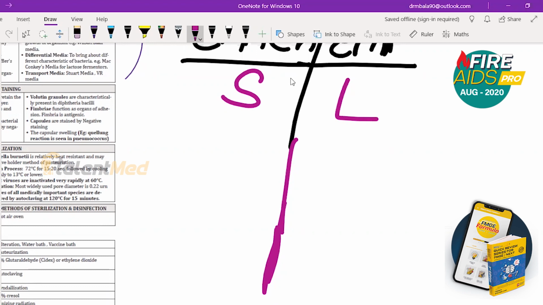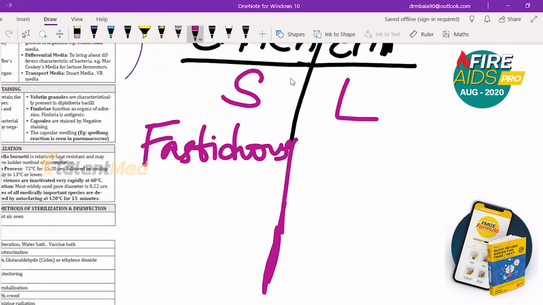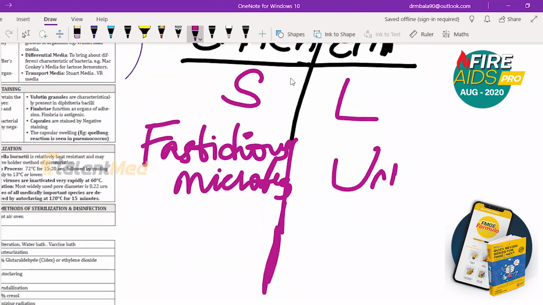Enrichment media is for growing unwanted, unnecessary microbes. This is the second point I want you to note down, very essential for your FMGE.